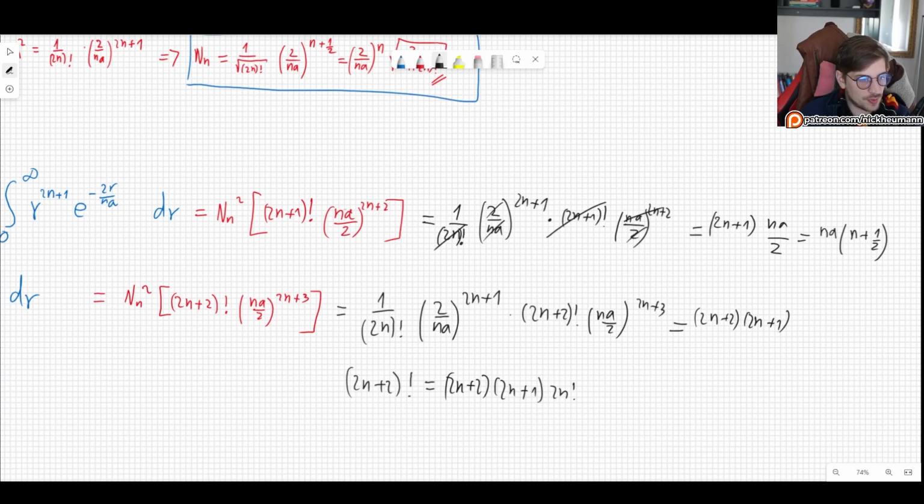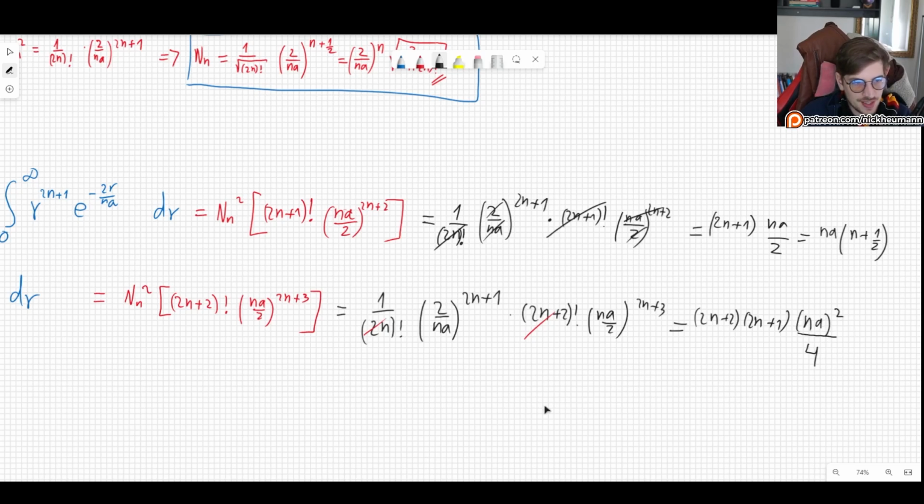That's quite important, and that's going to get rid of this and this. I always like to mark what I have already considered so that I don't write anything additional. Then we have 2 to the 2n plus 1, and the same thing as before. So we're going to be left with a factor of 1 over 4 and na squared.